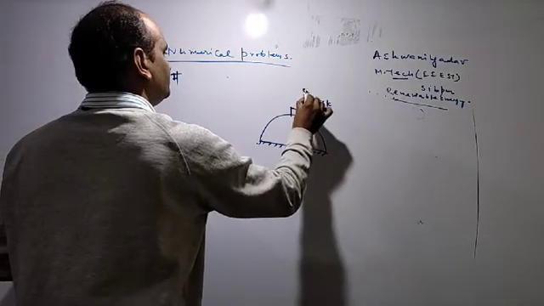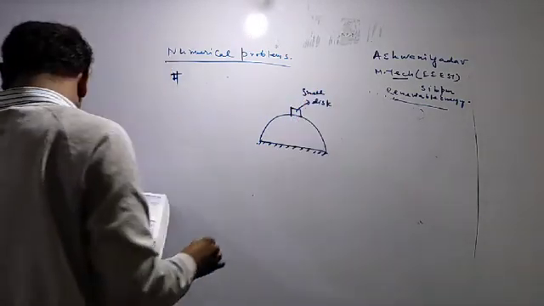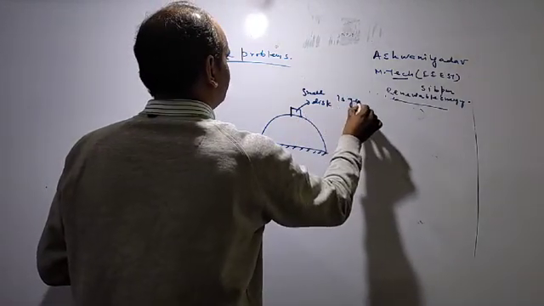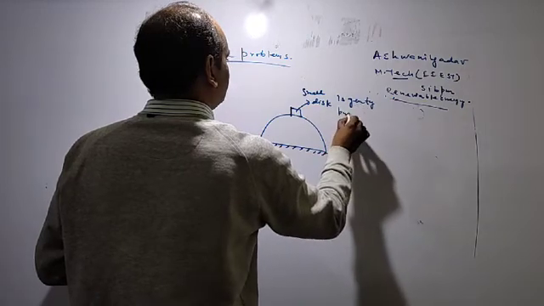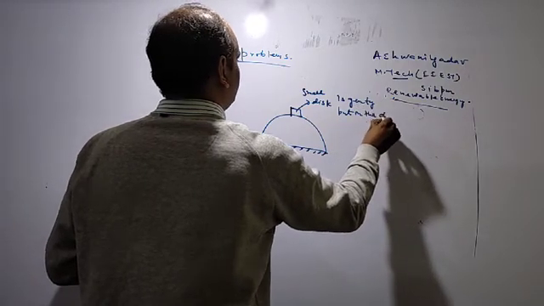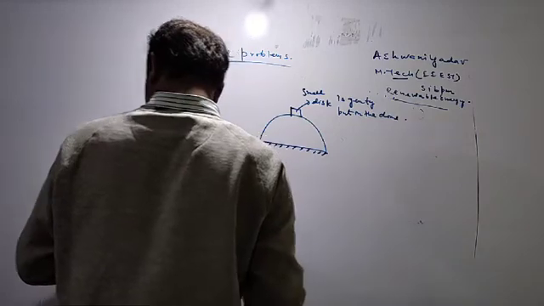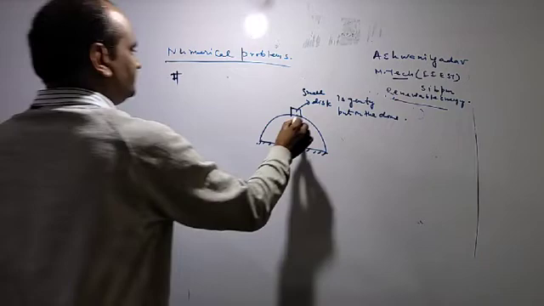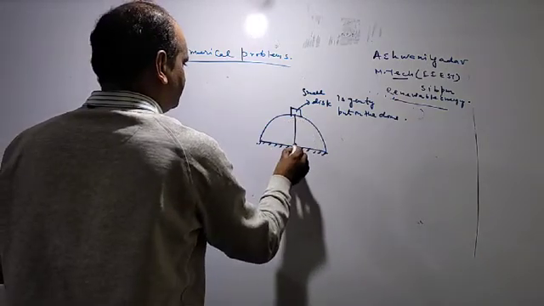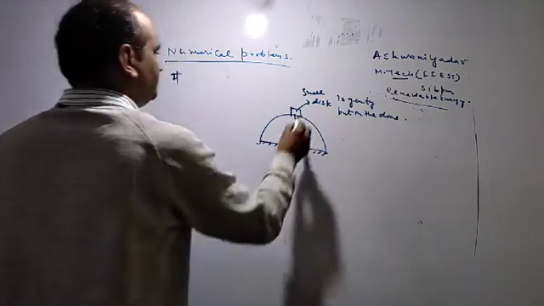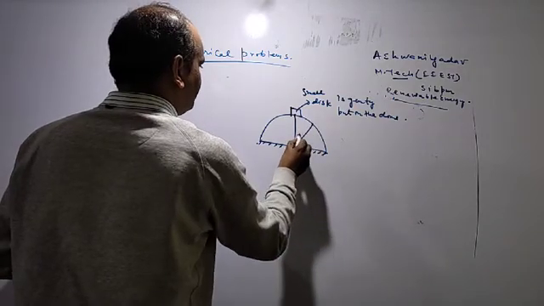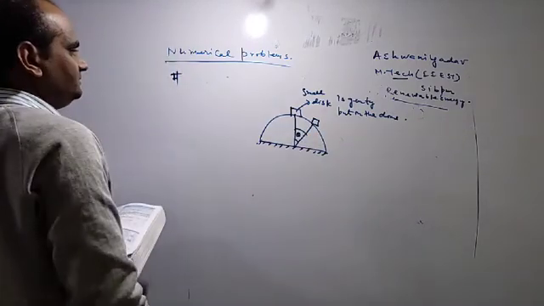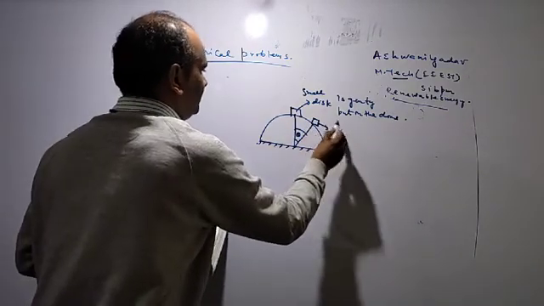A small disc is gently put on the dome. This is the vertical line. This can slide and it can break the surface, having traversed the angle theta. It can have velocity v here.